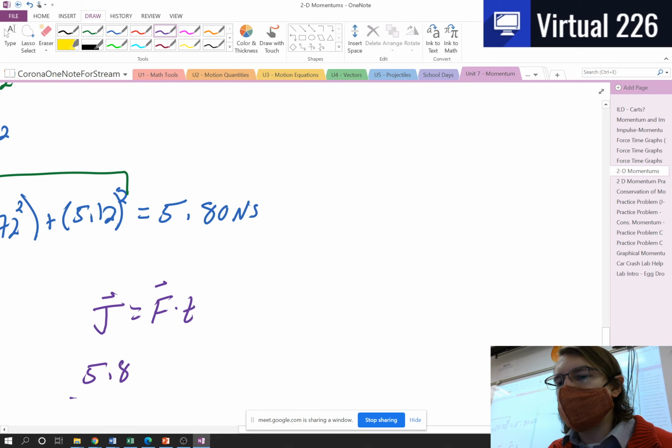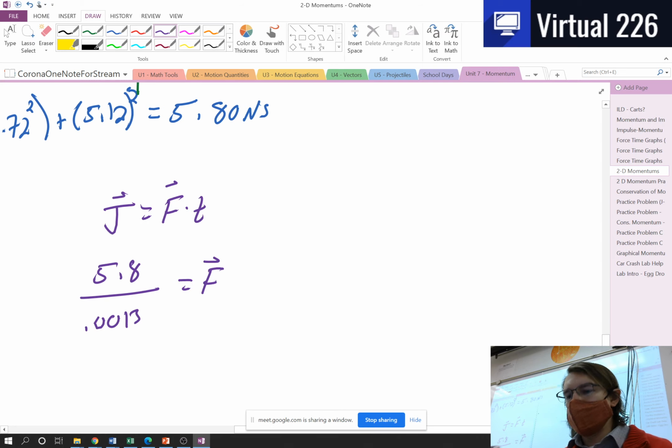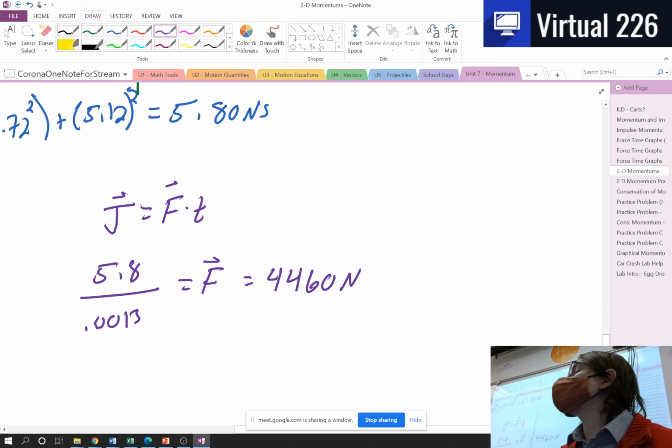So 5.8 divided by the time of 0.0013 will give us the force here. We get something along the lines of 4,460 newtons of force applied to the puck in order to strike it at the net.